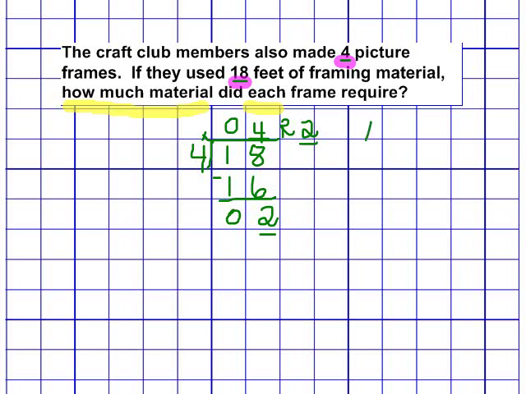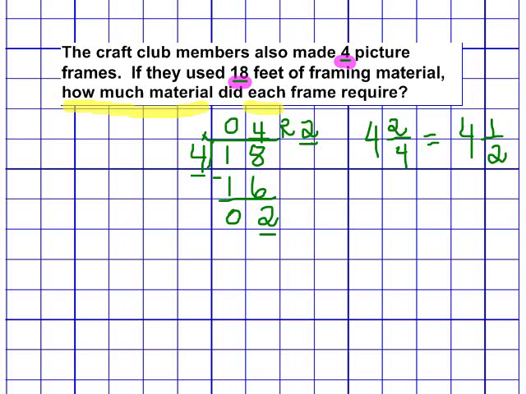The 4 quotient is my whole number. Each frame used a total of 4 feet, and they also used a part of it. The part is 2, that's the remainder. And the whole would be the 4 picture frames. As you can see, this can be simplified and it becomes 4 1/2.